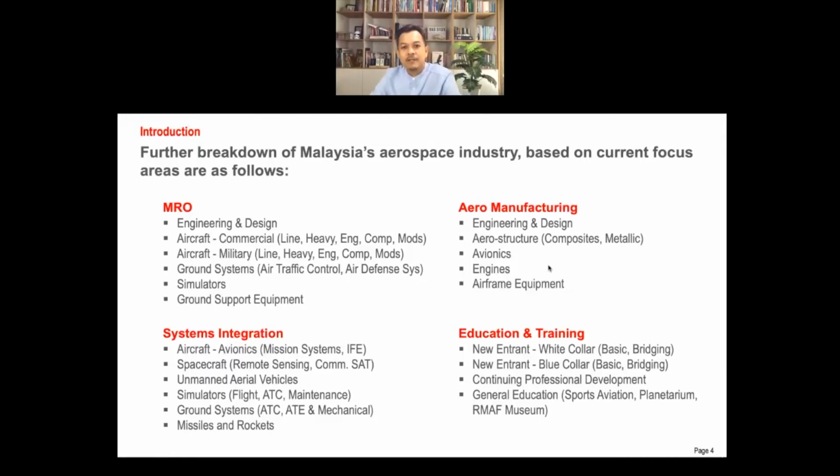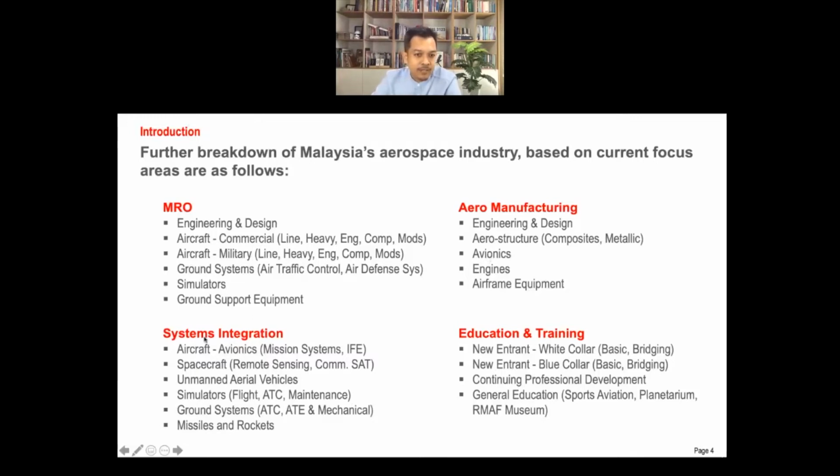And then we have the avionics aerospace manufacturing. Okay, and then we also have aerospace manufacturing related to the engine as well as the airframe equipment. Okay, so why do we only have these? Because those are the activities that are involved in the current aerospace manufacturing subsector in Malaysia.